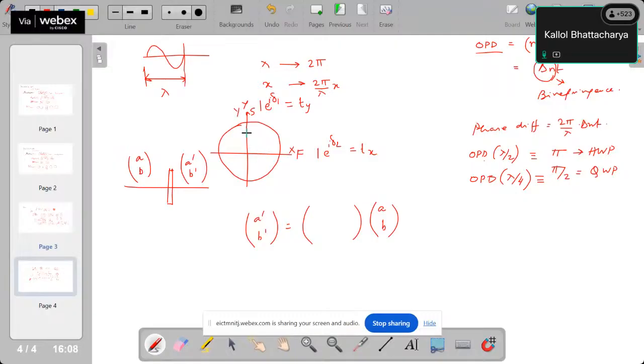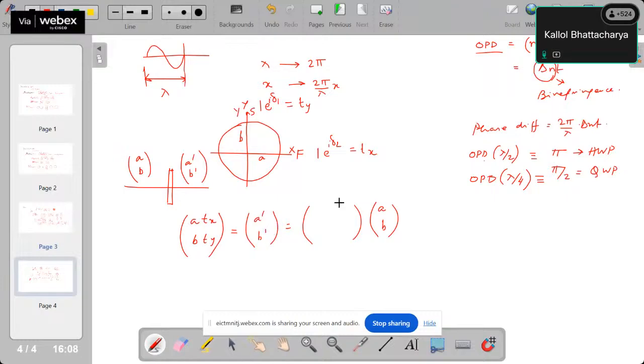So the A component falls on the x axis and the B component falls on the y axis. So what passes out from the x axis is simply Tx into A, because Tx is the transmittance along the x axis. And what passes out from the y axis is B into Ty. So this is equal to A into Tx and B into Ty. We already know the result of this.